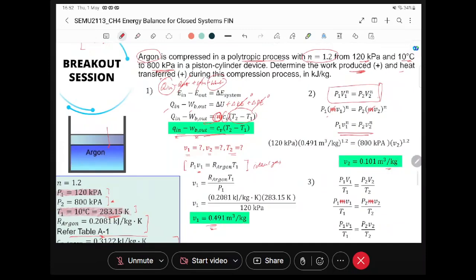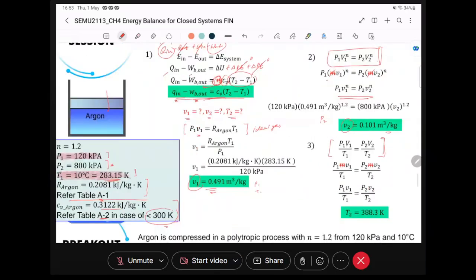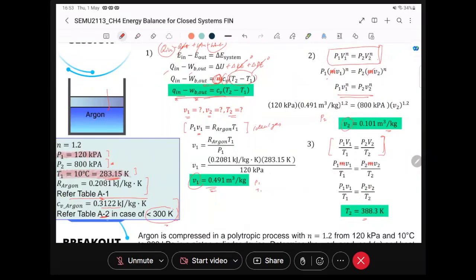So we have P1, T1, V1. Now we have P2, V2. Then we can apply the ideal gas relationship as well to find out how much T2 is. So then we have a complete full state of properties. P1, T1, V1 is state 1.